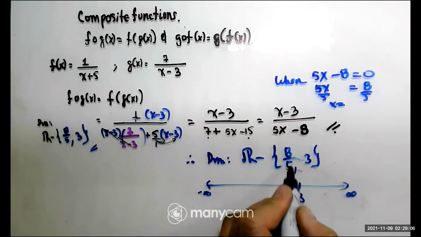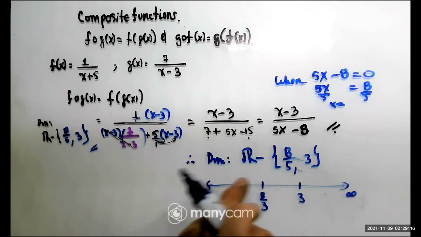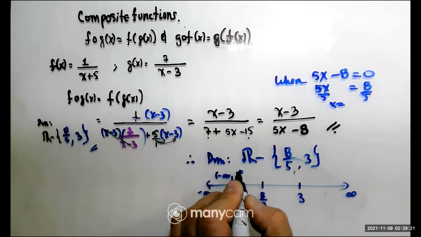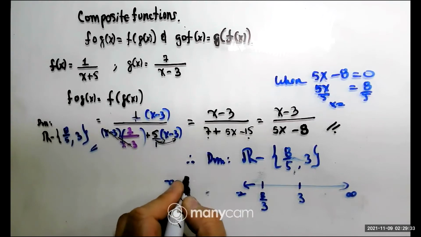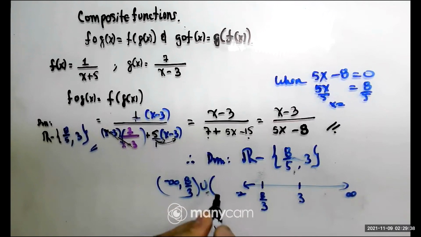Let's just place 3 here. 8 over 5 is 1 point something. So what's the answer? Either in set notation or from negative infinity to 8 over 5, union 8 over 5 to 3, union 3 to infinity.